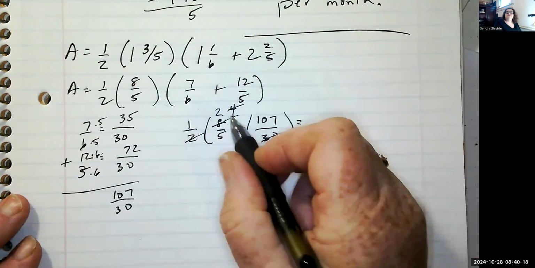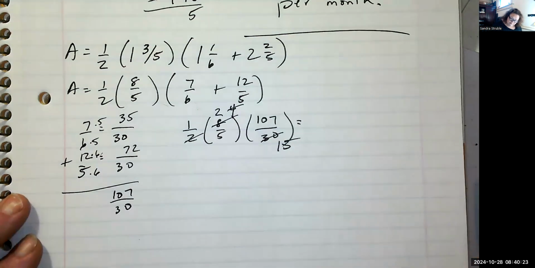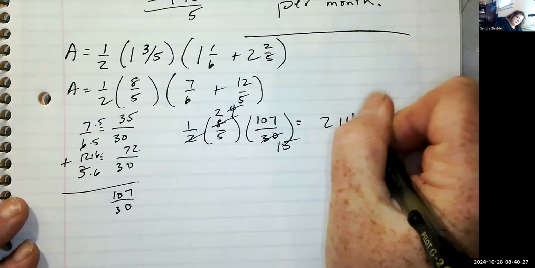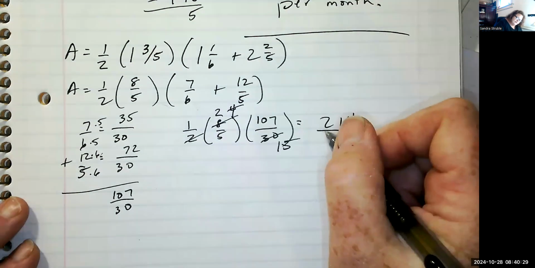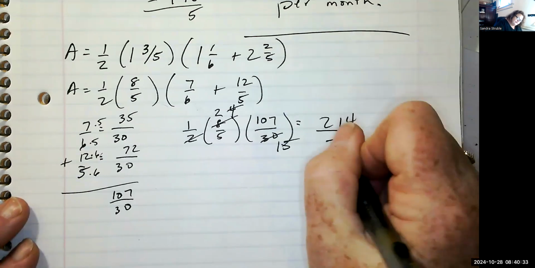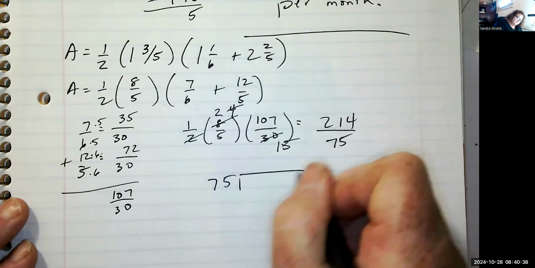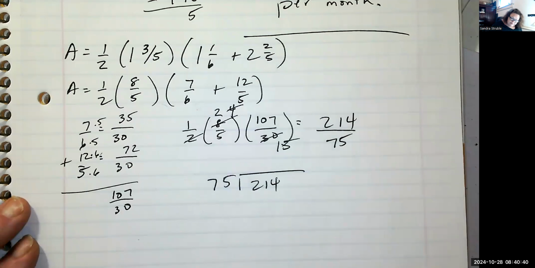So this leaves me with 2 times 107, 214 over 15 times 5, 75. I just need to make this a mixed number. 214 divided by 75.